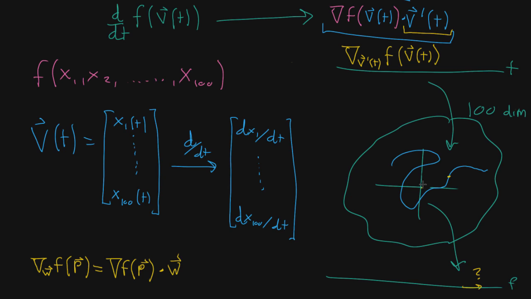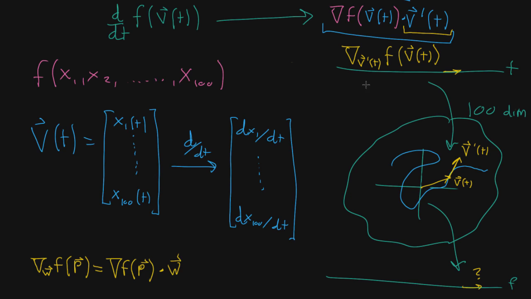Each one of these output points represents the vector v of t at some point. What does the derivative of that represent? That's the tangent vector to that motion. So you're zipping about through that space, and the tangent vector to your motion, that's how we interpret v prime of t, the derivative of v with respect to t.